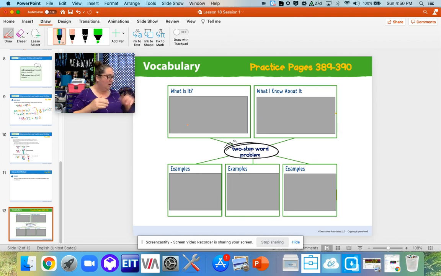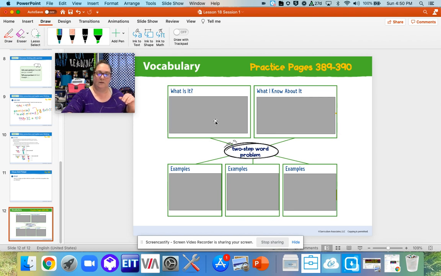It's a diagram. We're just going to call it a diagram because I don't remember what it's called all of a sudden. Okay, so two-step word problem. If this word is not already in there, go ahead and write that. If it is, then you don't need to write it. So go ahead and pause this video and fill these out. Tell me what it is. Tell me what you know about it. And give me some examples of what a two-step word problem could be.